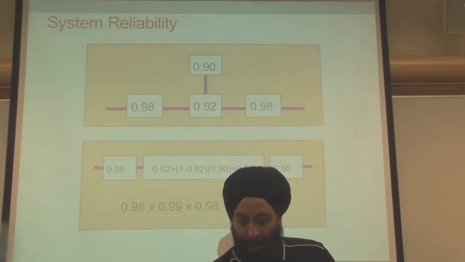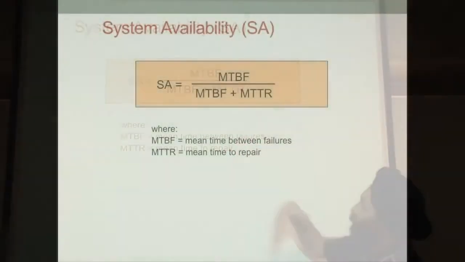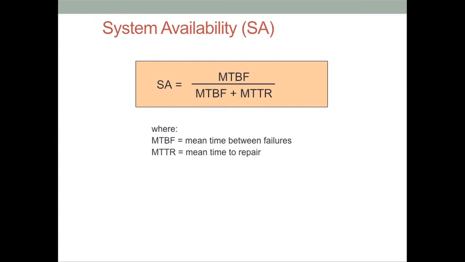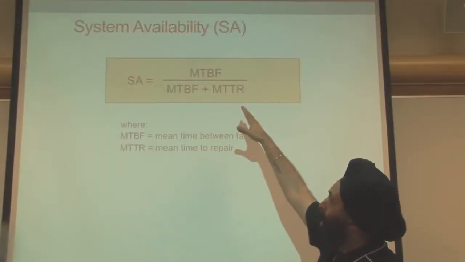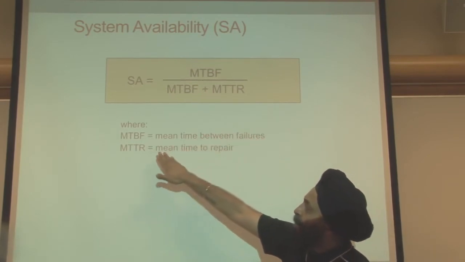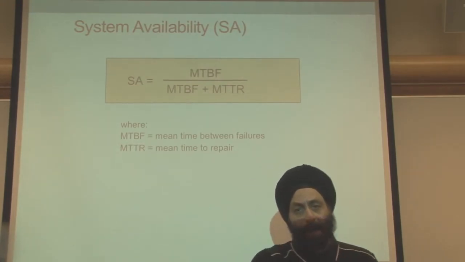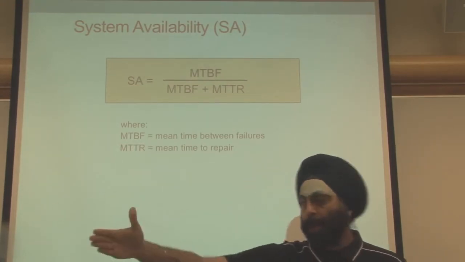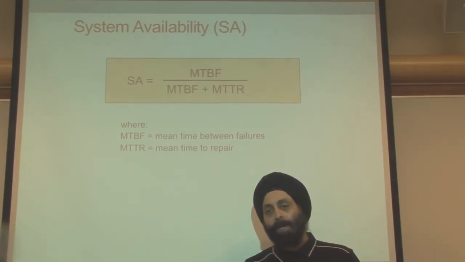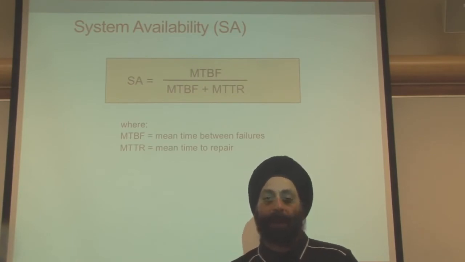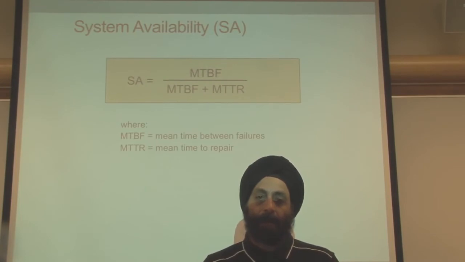Now, that's a system reliability number, so easy to calculate. I also want to introduce to you a system availability number. And system availability is used where you have two different numbers. Mean time between failure, how long between one failure occurring and the next failure occurring, versus mean time to repair. So for example, in office equipment, you have a fax machine or a photocopier for the office department.